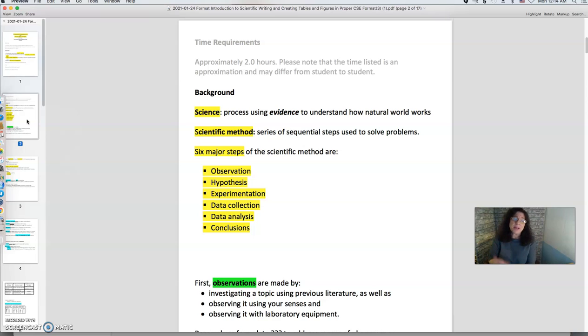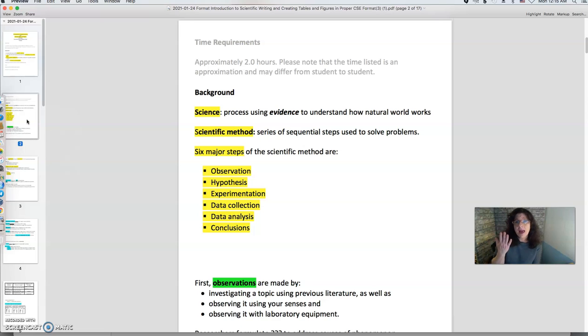Then there's a hypothesis, which is a possible explanation for what's going on with the problem. Third, there's experimentation or testing that is done to collect data to see if the hypothesis can be supported. We'll get into that. Fourth, the data is laid out in a data collection section.